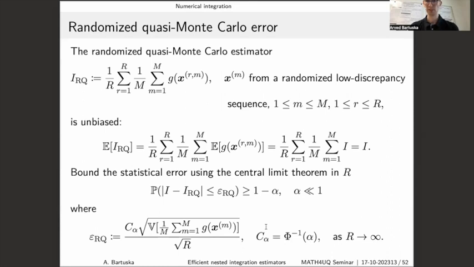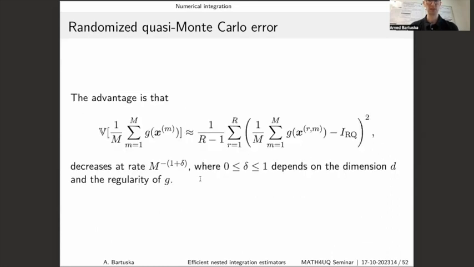So what's the difference now to the Monte Carlo estimator? The advantage we have is that this variance estimate decreases with m, the number of low discrepancy points, and it decreases at a faster rate. It's not m to the minus 1/2, it's m to the minus 1 plus delta. And this is the variance; before I had the standard deviation.